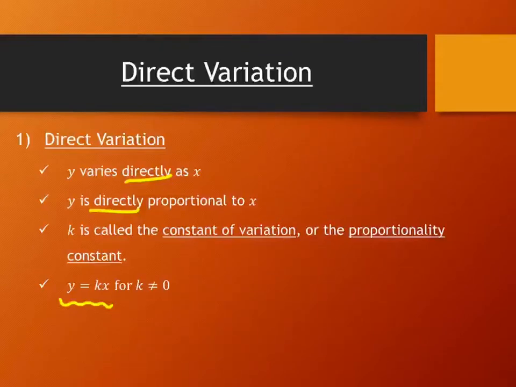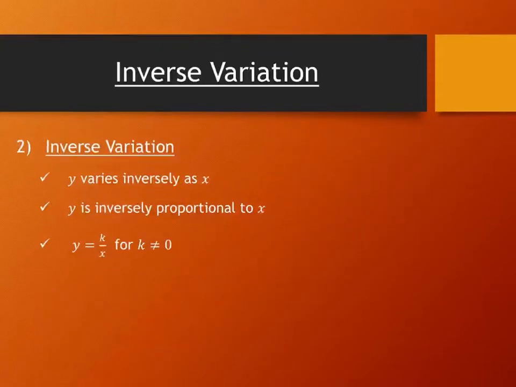The other type of variation, truly the second type, is called inverse variation. For it to be inverse variation, you'll hear phrases like y varies inversely as x, or y is inversely proportional to x. So again, the key word is inversely on this one.